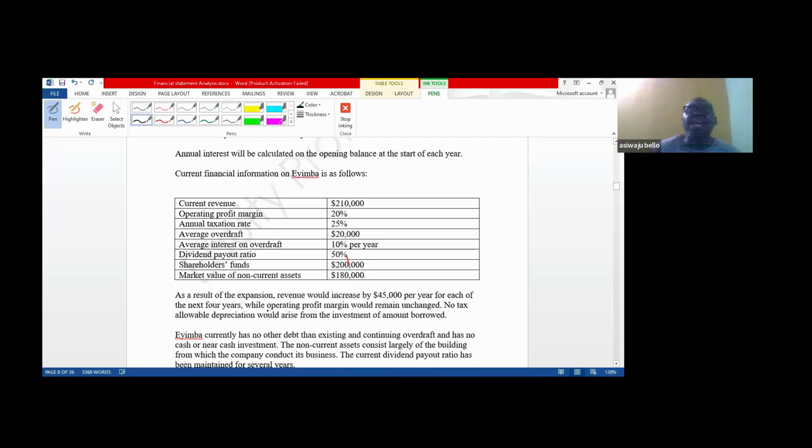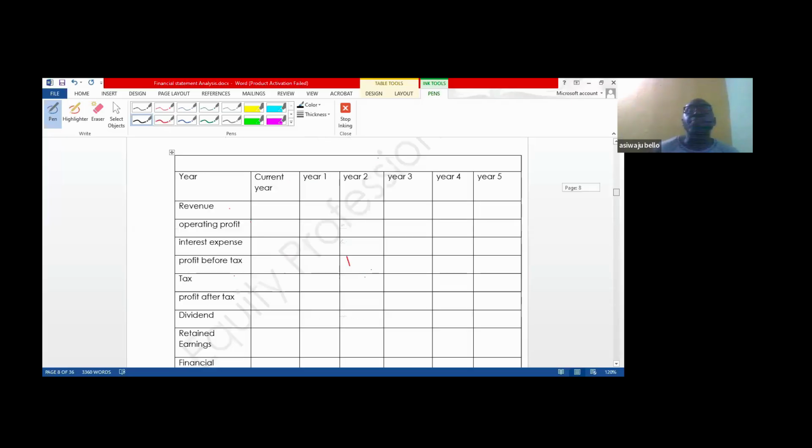Now look at the next note. As a result of the expansion, revenue will increase by $45,000 per year for each of the next 4 years. Revenue in the current year is $210,000.